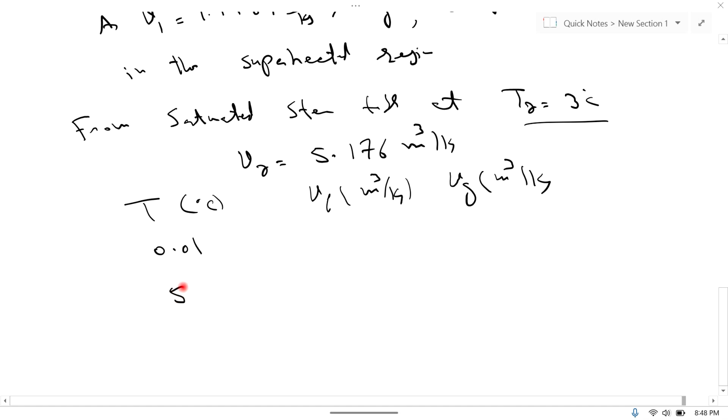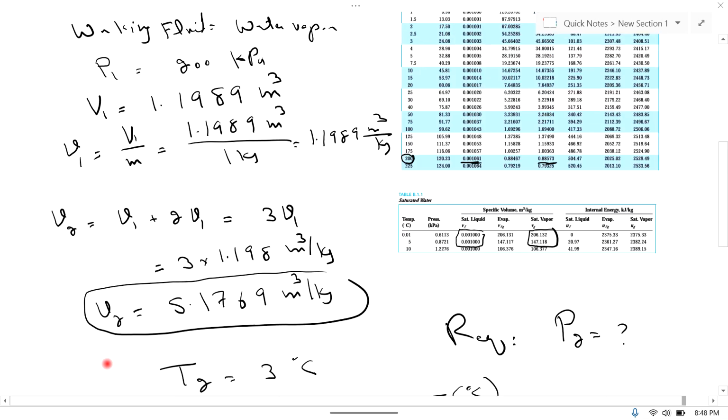In front of 0.01 degree centigrade, volume Vf is 0.001000, and in front of 5 degrees centigrade it is also the same. It means the volume is almost constant at these values, and Vg is 206.132, and here Vg is 147.118.